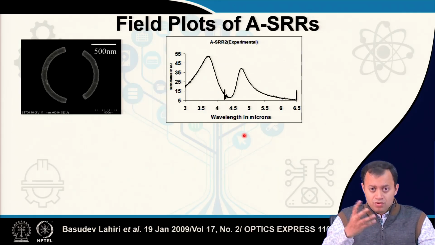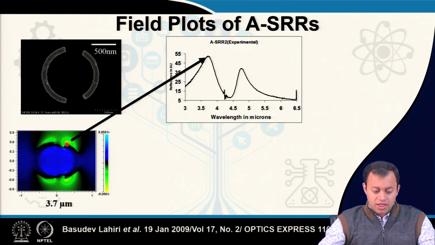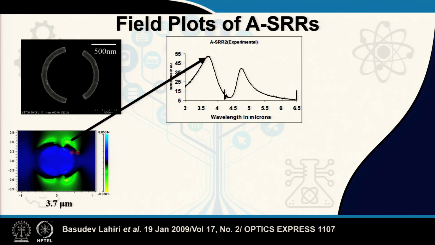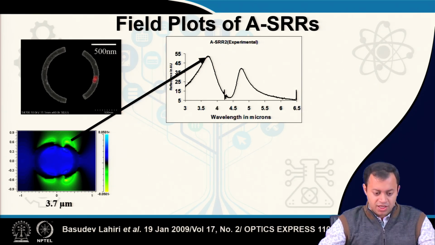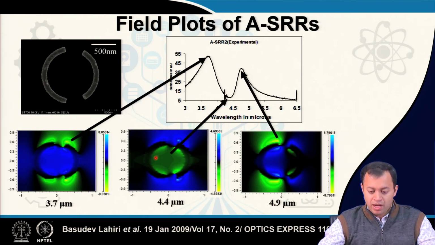We saw that using some kind of modeling. This is the particular field where this resonator is resonating. This is the particular field where the bigger one, the left hand arc, is resonating, and the trapped mode is the one where most of the optoelectric field is concentrated inside the contour of the system.